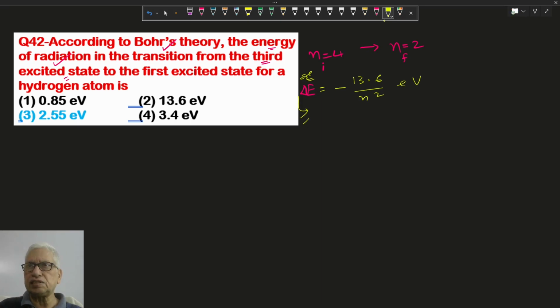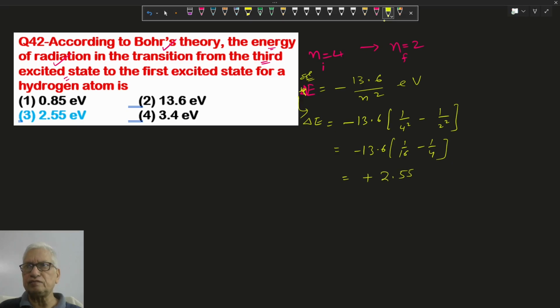So the energy difference is minus 13.6, that's common, times 1 by 4 square minus 1 by 2 square. If we solve it, it becomes 1 by 16 minus 1 by 4. That comes to 2.55 electron volts. So option 3 is correct.